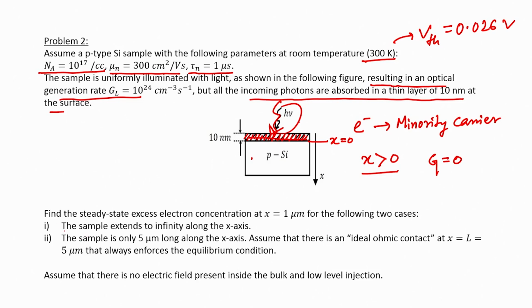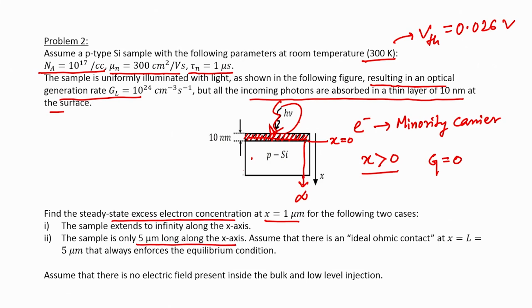Now the problem is to find the steady state excess electron concentration at a certain distance, 1 micrometer, in the two following cases. One is if the sample extends to infinity along the x axis, so if this dimension goes to infinity. The second case states that the sample is only 5 micrometer long along the x axis.